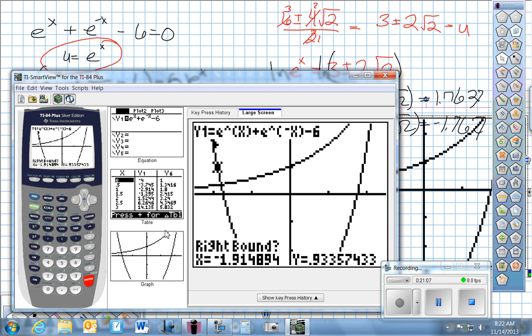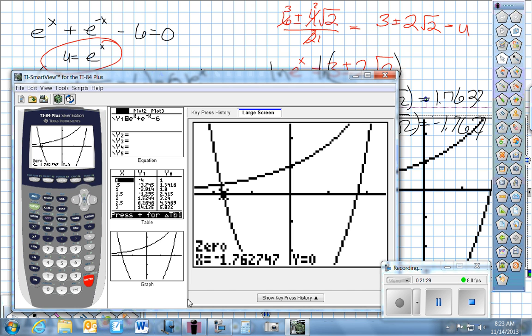I press enter, and then it's asking me for my right bound. So I go down, and I have to make sure that my y values go from positive to negative, then it'll find something. Then it wants me to guess somewhere in between, and it tells me 1.76247. Woohoo, my calculator can do this stuff for me.